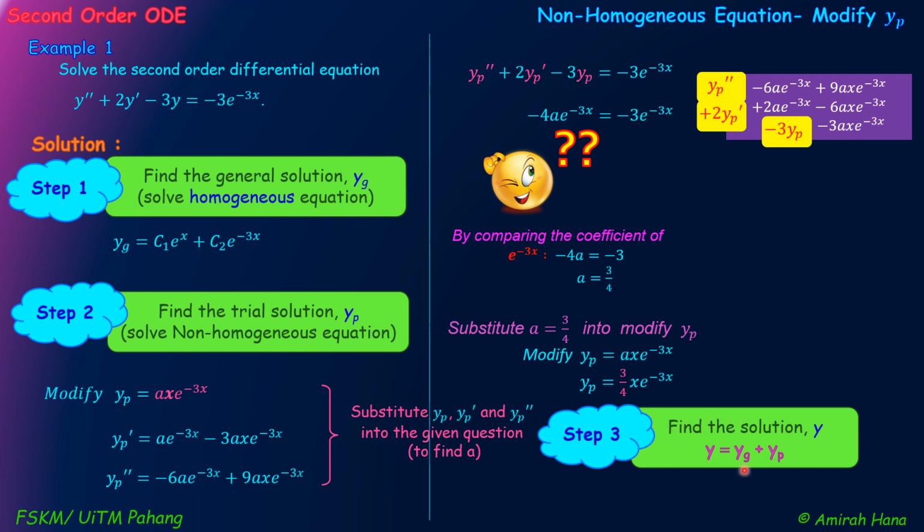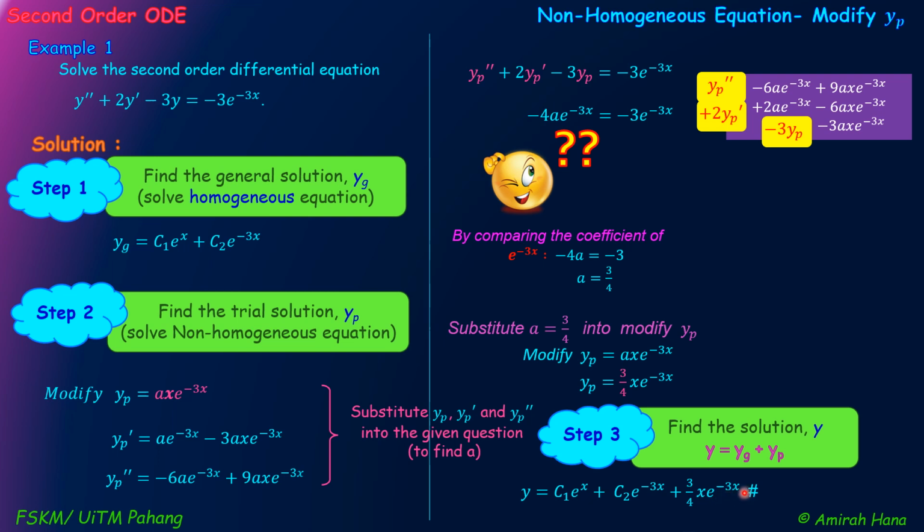y equals yg plus yp. So our y equals yg from step 1, which equals c1 e to the power of x plus c2 e to the power of negative 3x, and then plus yp from step 2, which equals 3 over 4 x e to the power of negative 3x.